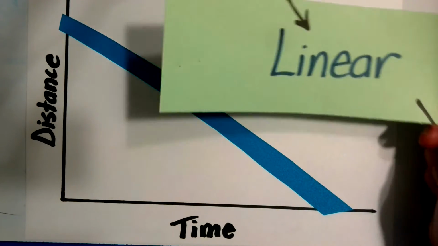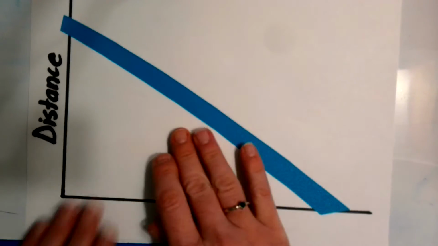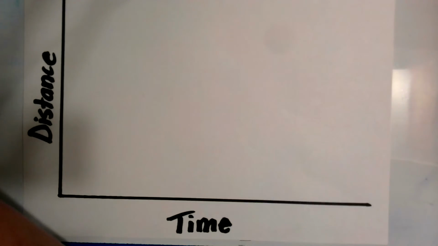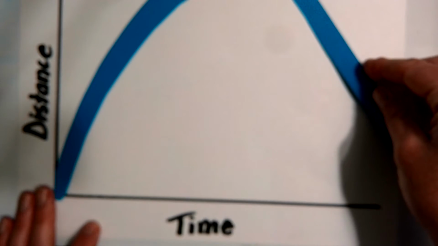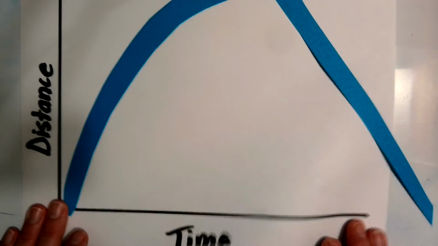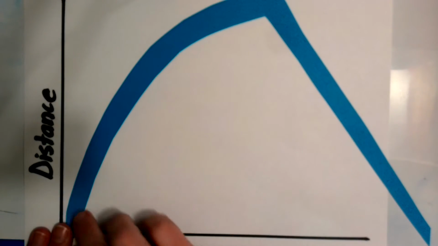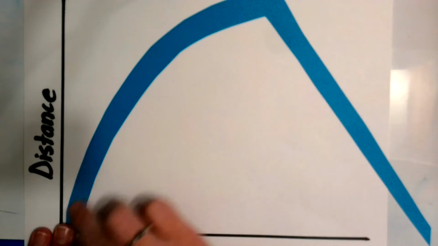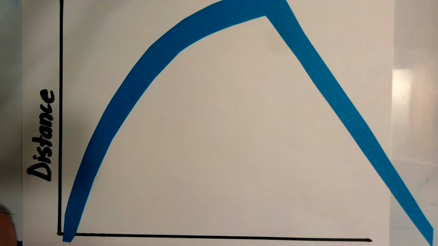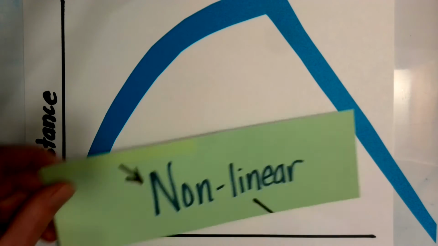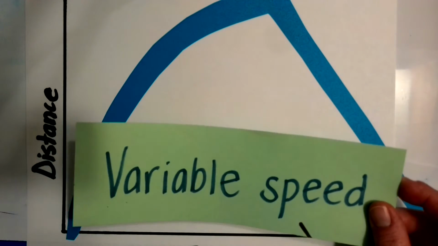Okay. Now there are also going to be times that you are going to see distance time graphs and things are not going to be linear. So if you had a distance time graph that looked more like this, you might be noticing, wow, this is not a straight line. That's more of an arc. So we would call that nonlinear. Or we would also say there is variable speed.